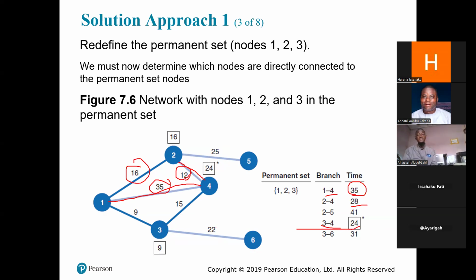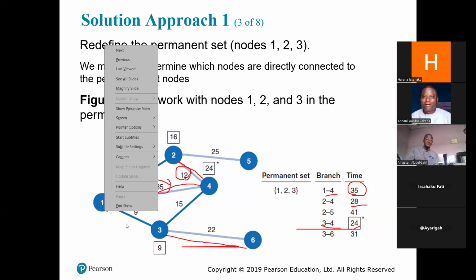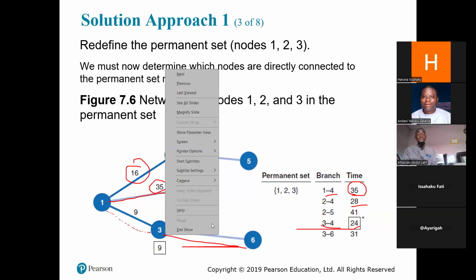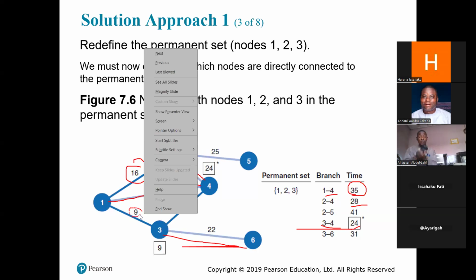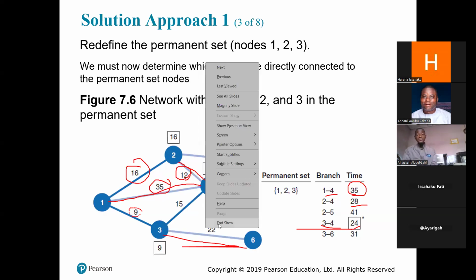Then you have also from 3 to 6. That branch from 3 to 6 is not direct from what? 1. So you have to move from 1 to 3 before you move from 3 to what? 6. So you have to add this 9 to what? The 22. And that gives you what? 31.